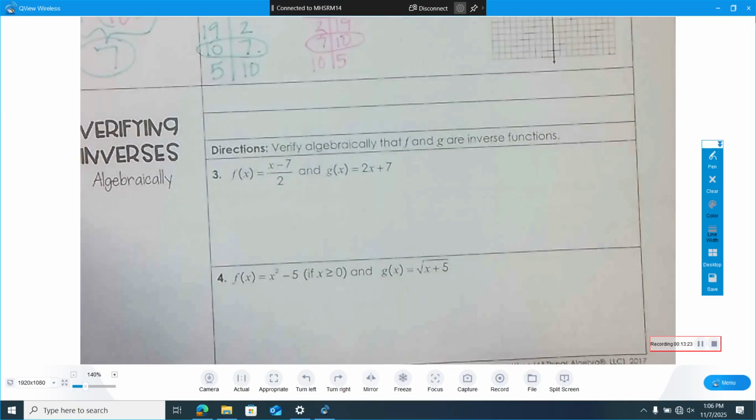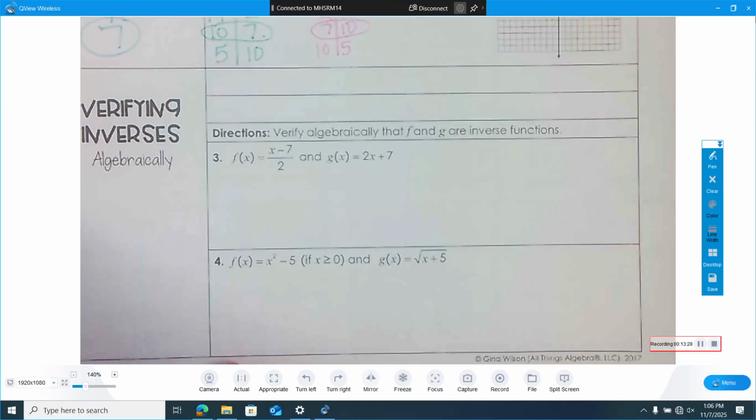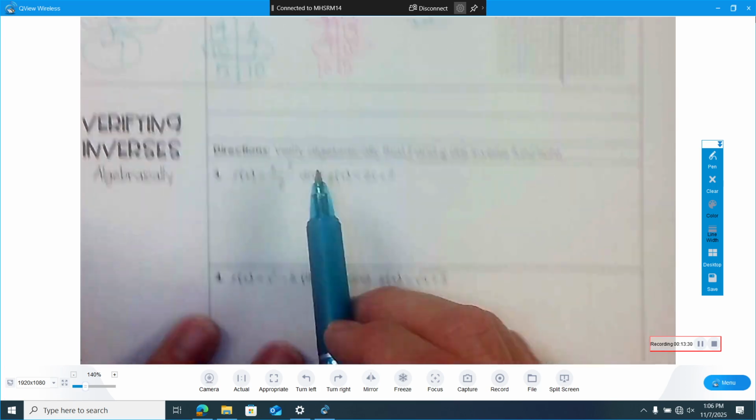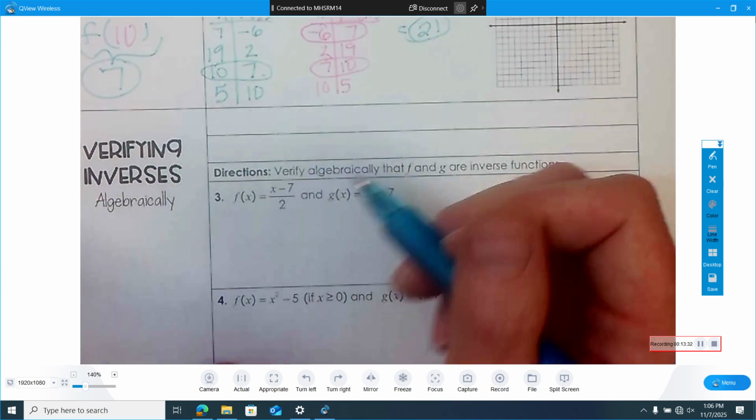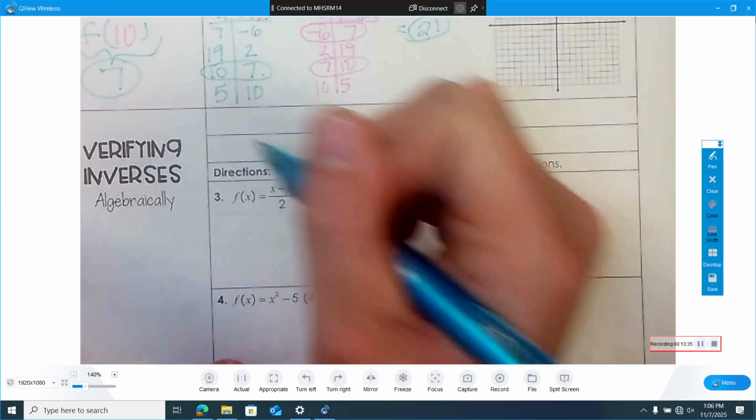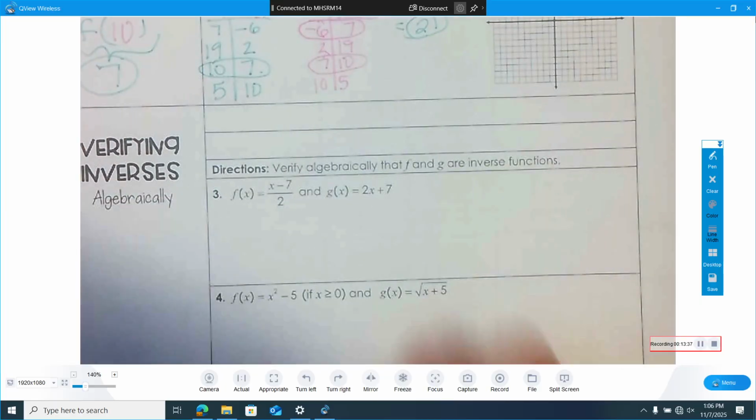So now let's verify inverses, because this is where we prove things algebraically. To verify inverses, all we have to do is compose them.